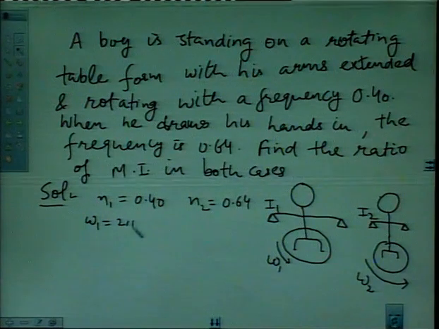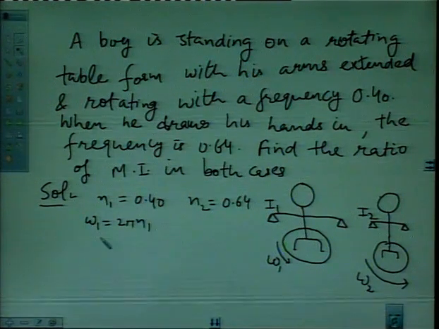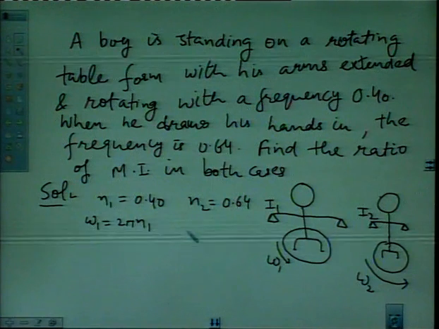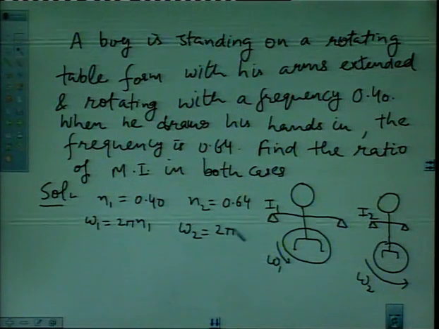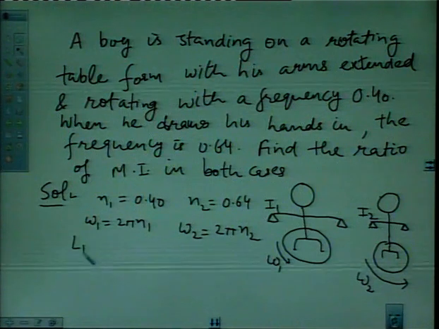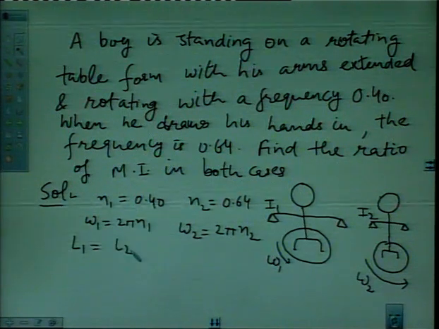Omega 1 is equal to 2 pi into n1 and omega 2 is equal to 2 pi into n2. Now, as we know L1 is equal to L2, the angular momentum of the system is conserved.